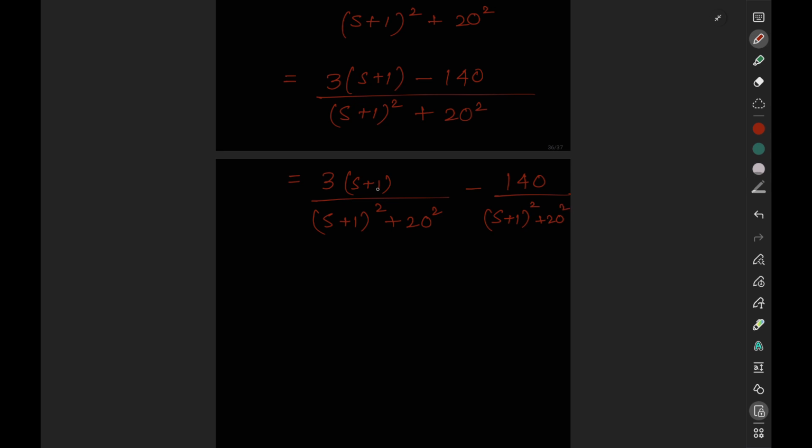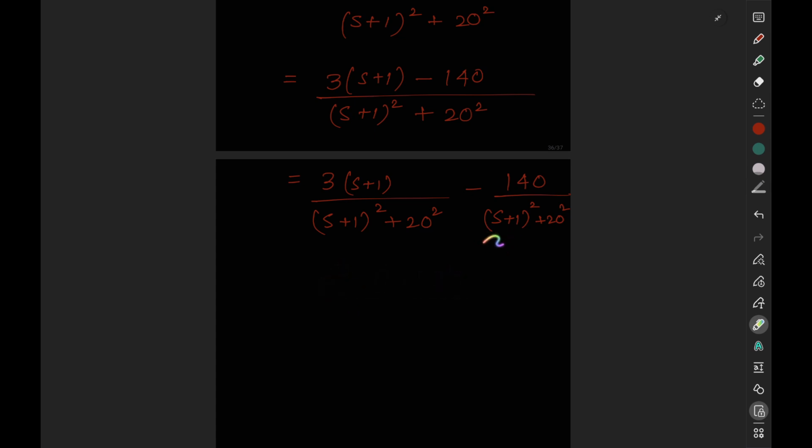Now the first term is of the form Laplace of cos omega t with shifted s. So we have to multiply it with e to the power at. A is 1. And so for this it will become e to the power t into cos of 20t.